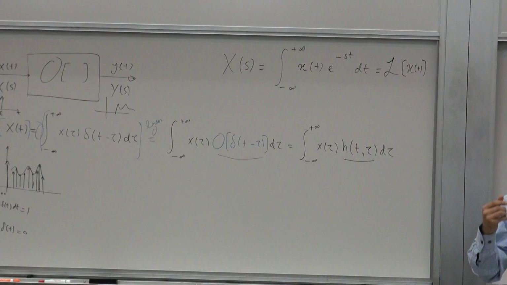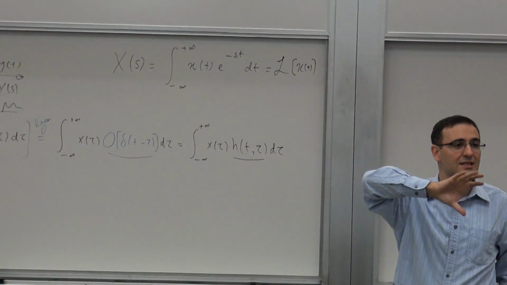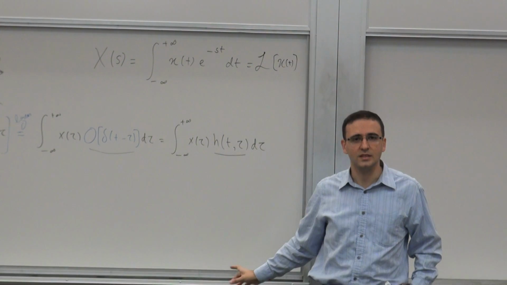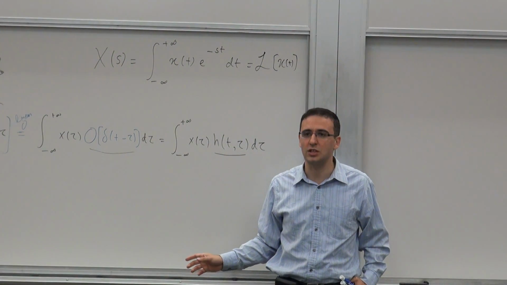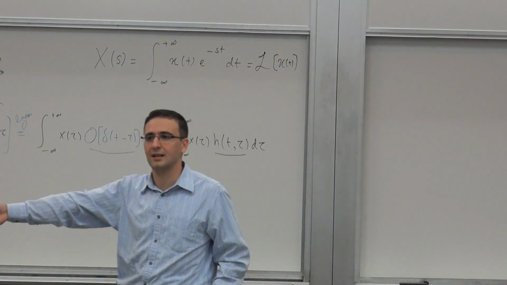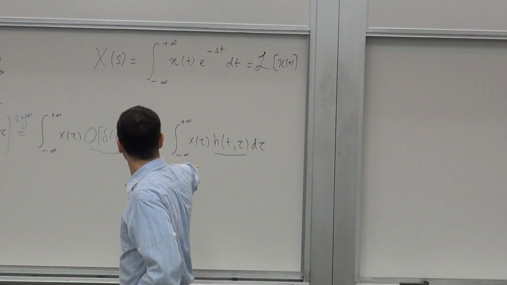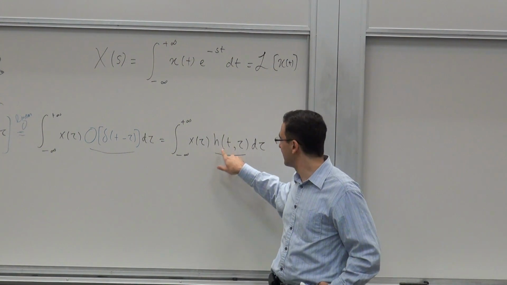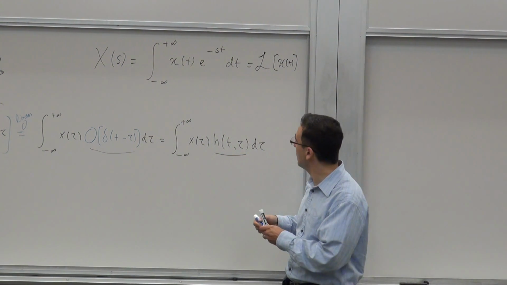Basically it is valid if the system properties change with time. They don't have to remain constant. So the system can have a different response now from a microsecond later. And still you can do it because, if you think about it, it's a function of two variables, right? It's a function of t, it's an impulse at any point in time.